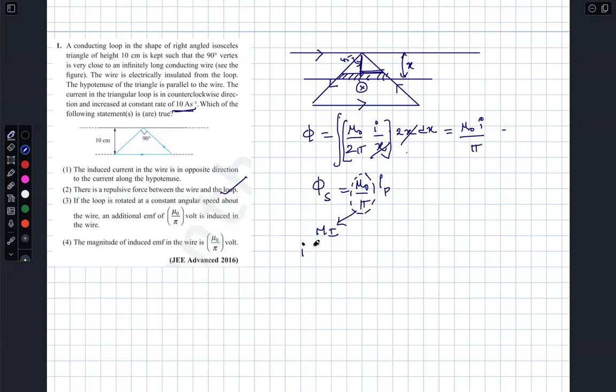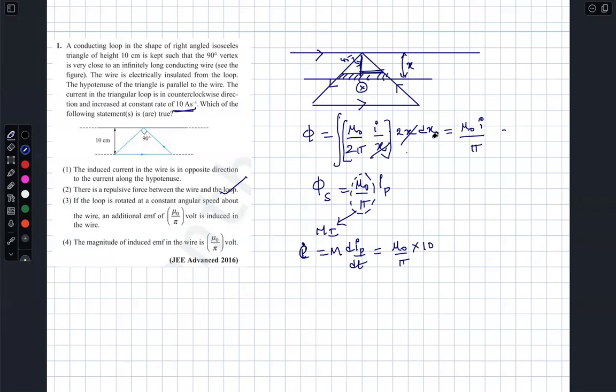What is the EMF induced, first of all? Mutual inductance times di primary by dt. Mu naught by pi times the current change, mu naught by pi into 10. I think a triangle of height 10 centimeters actually.